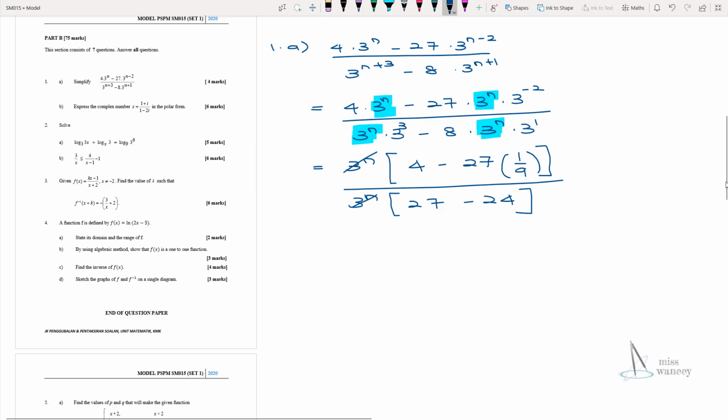So these two will cancel out, so we are left with 27 over 9. So this is 3, 4 minus 3 is 1 over 27 minus 24, therefore the answer is 3. So when we simplify them, we are going to get 1 over 3.